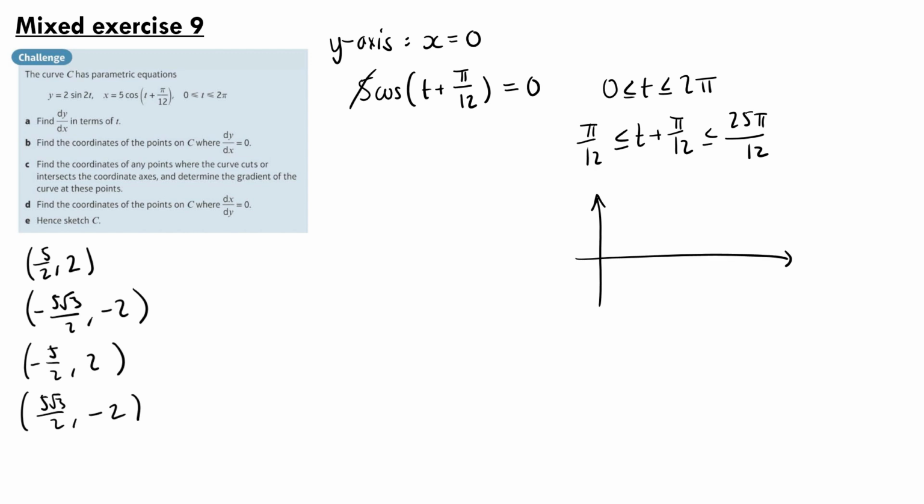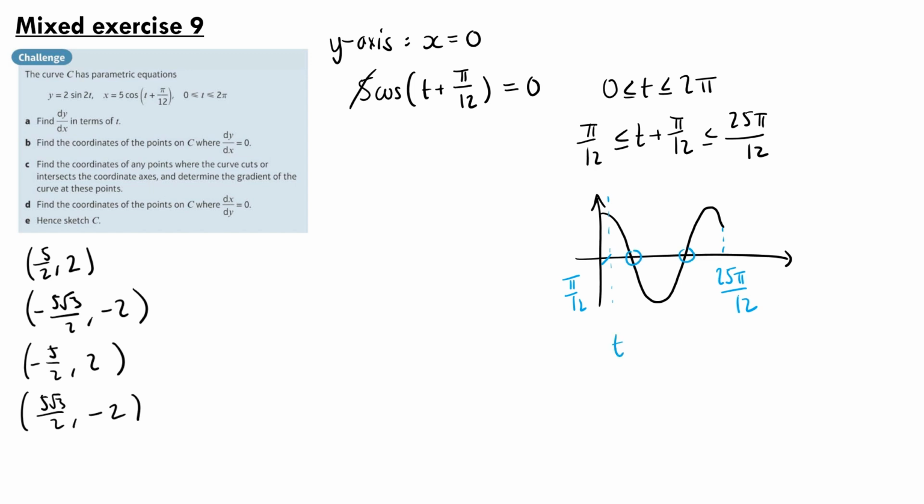Between pi over 12 and 25 pi over 12, if we start from t equals 0, I'm just going to go slightly past 2 pi, and we're looking between here, so pi over 12 being at that point there, and here, this being 25 pi over 12. So where the curve equals 0, it's just going to be these two bits there.